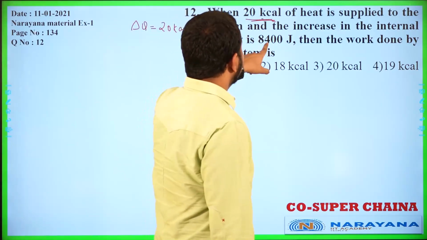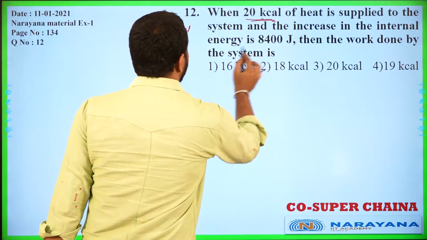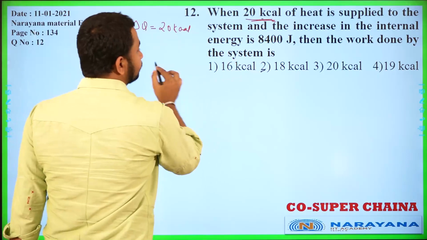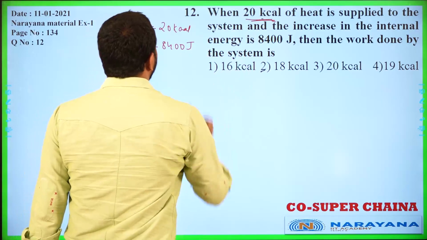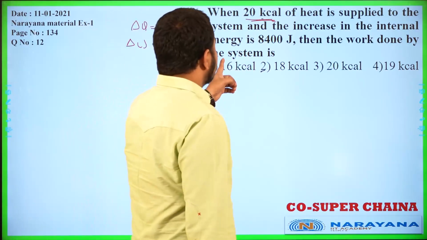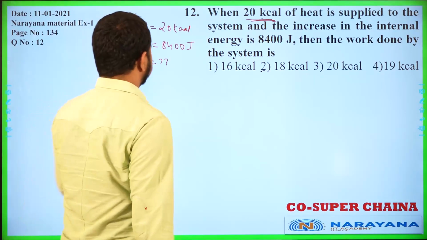Now what is given here? The increase in the internal energy, delta U, is given as 844 joule. Work done by the system you have to find, so delta W you need to find here.